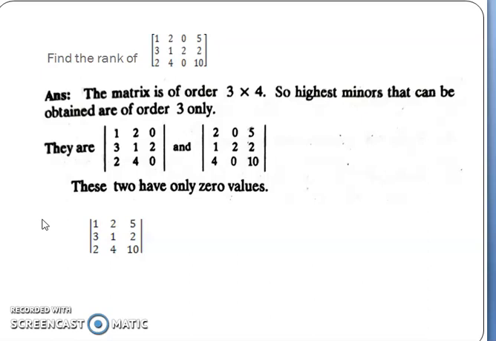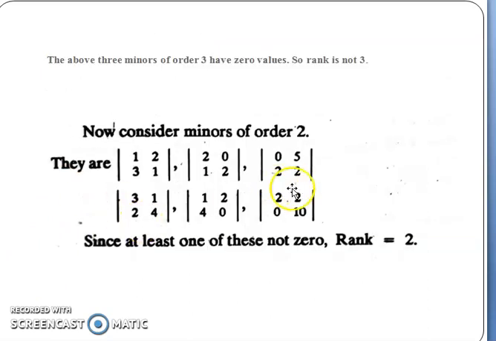So the rank is not 3. So we go to the next option, the minors of order 2. The above 3 minors of order 3 have 0 values, so the rank is not 3. Now consider minors of order 2.